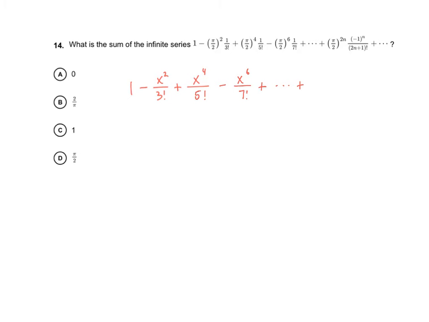This will really be negative 1 to the n times x to the 2n all over 2n plus 1 factorial.